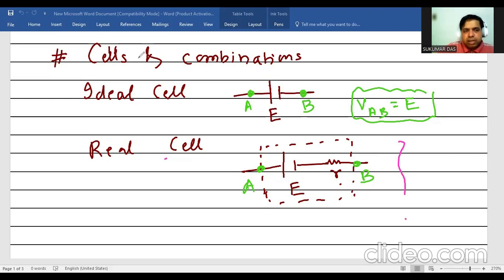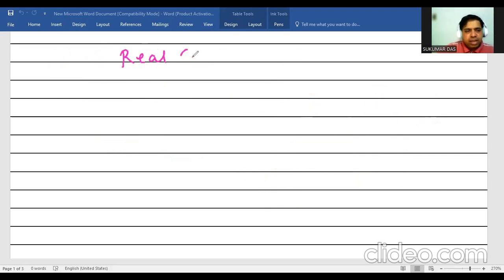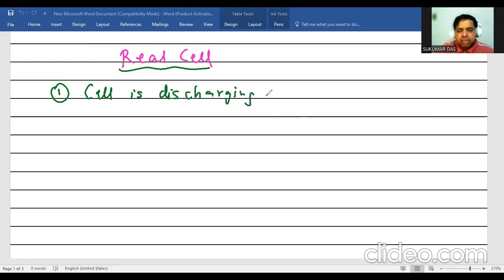Okay. So related to real cell, we have to remember this thing. Normally, if in the circuit only one cell is present, that cell is usually discharging. A cell is meant for discharging only.